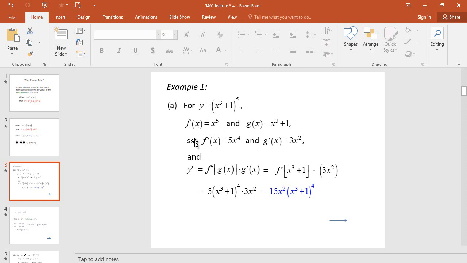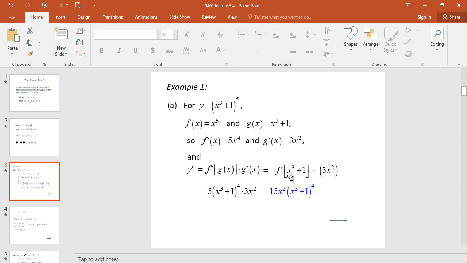So the derivative of the outside is 5x to the 4. The derivative of the inside here would be 3x squared. And so the derivative of y would be the derivative of f evaluated at g of x multiplied by g prime of x. Now g of x is x cubed plus 1, so in the formula for f prime of x, we replace x by x cubed plus 1.